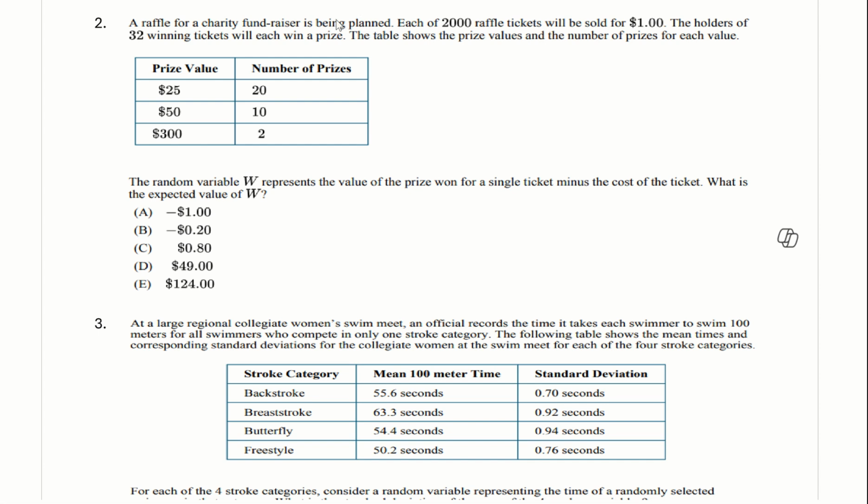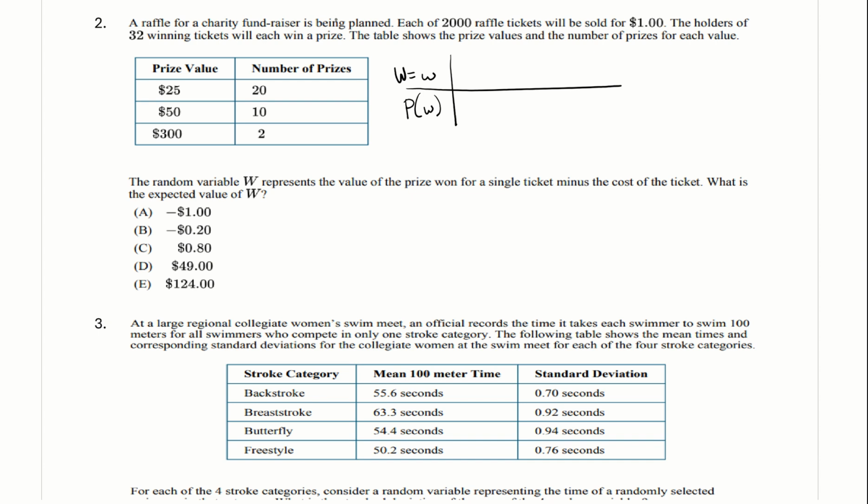All right, so let's set up a probability distribution for this, right? So we have W is the random variable, and then we got P of W. Okay, so I'm going to say W equals little w.